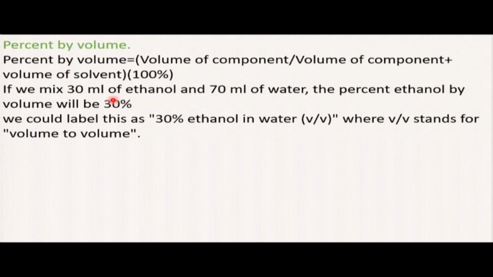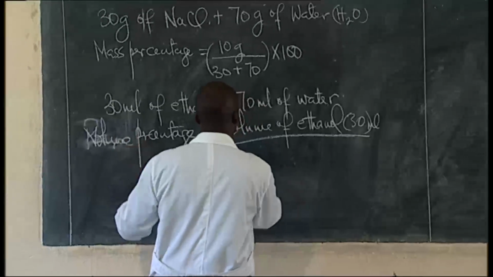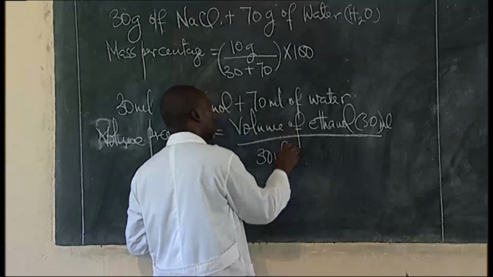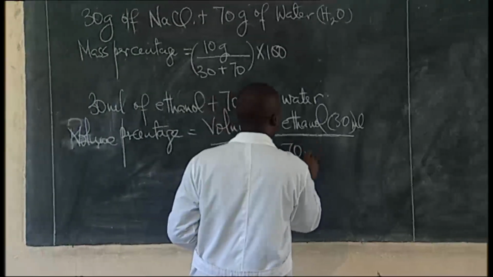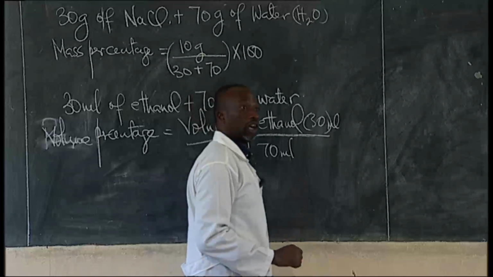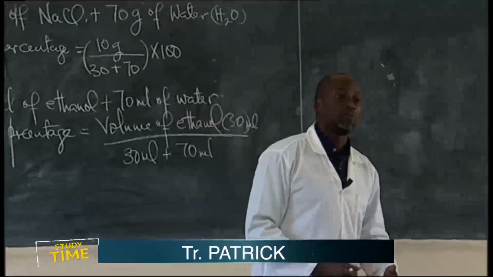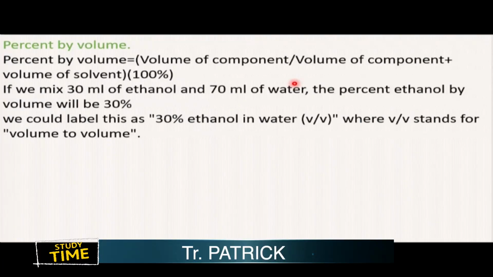So we have the volume of the ethanol, then the total volume of the solution. The solution is made up of 30 milliliters of ethanol plus 70 milliliters of water. That solution is labeled as 30% ethanol.